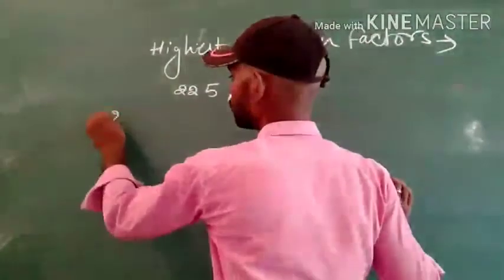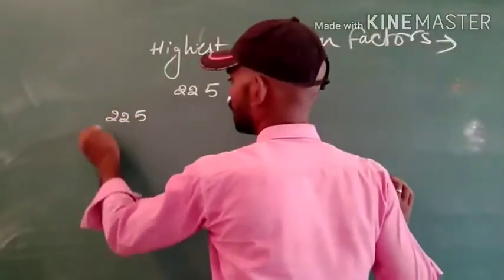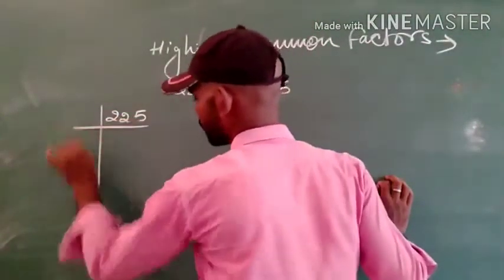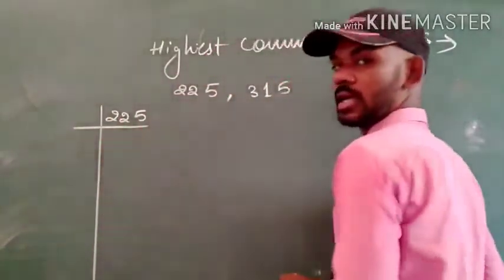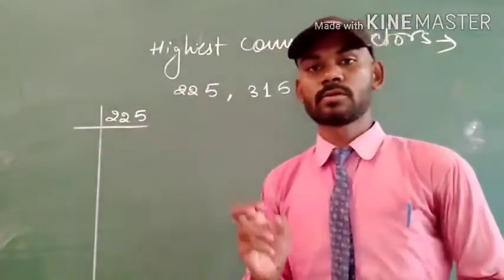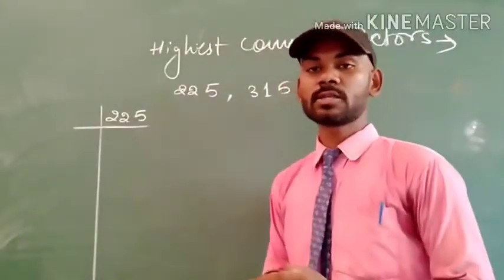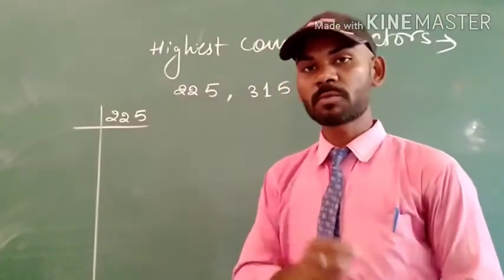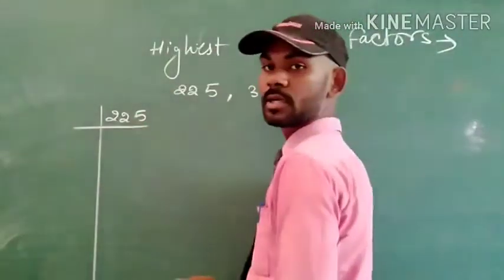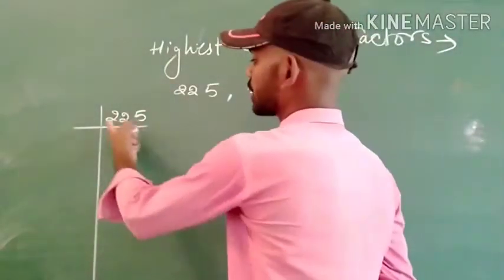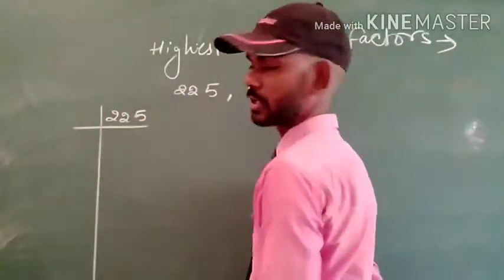So we write 225 in this format. Now we divide it by 3, as we know that for prime factorization we choose the smallest prime number first. This number is divisible by 3 because the digital sum is a multiple of 3.